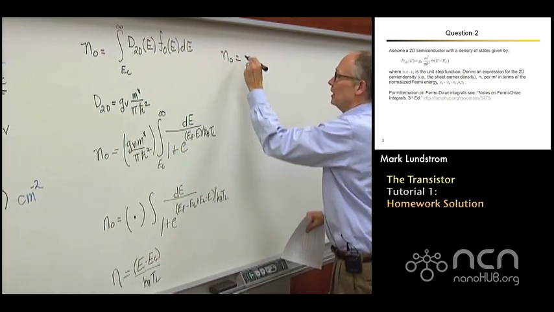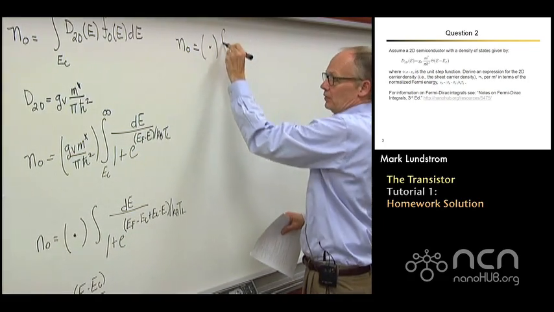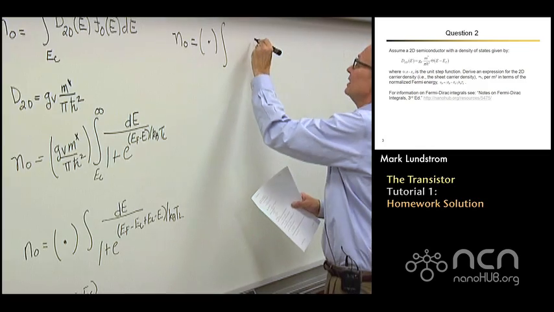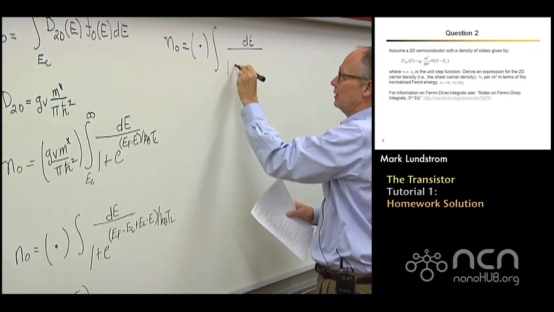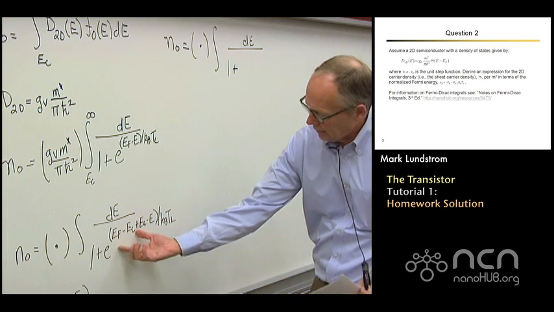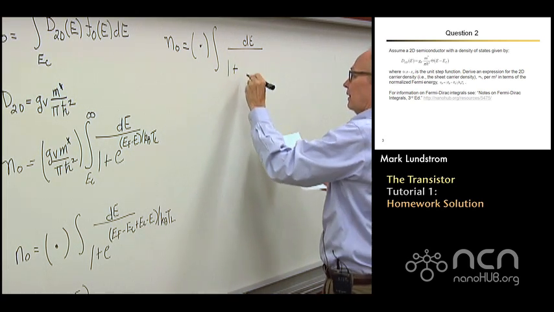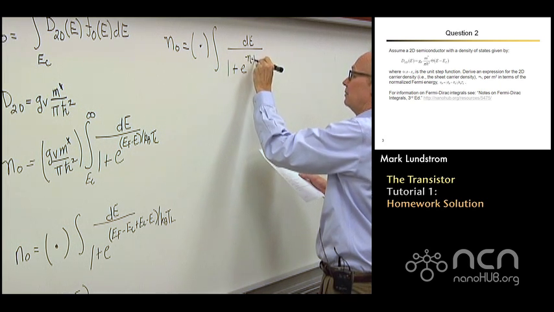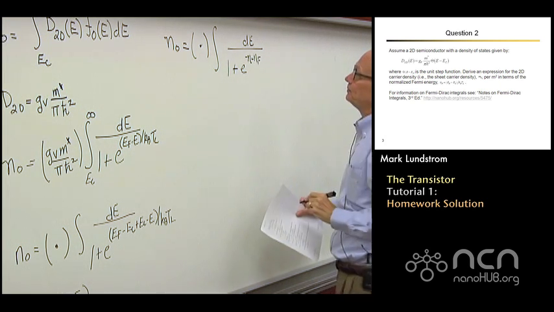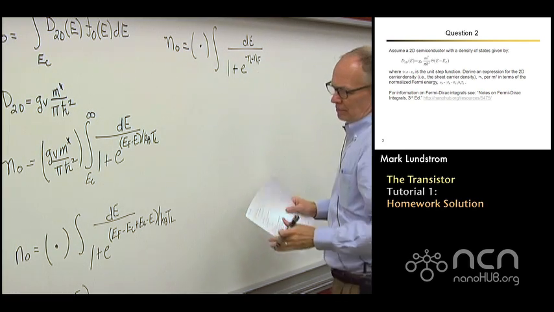N naught, we have those constants out front. We have an integral, dE, and then I have 1 plus, and now I can recognize in this exponential that what I have is e to the eta minus eta sub F. So I have everything in terms of eta, but let's see here.